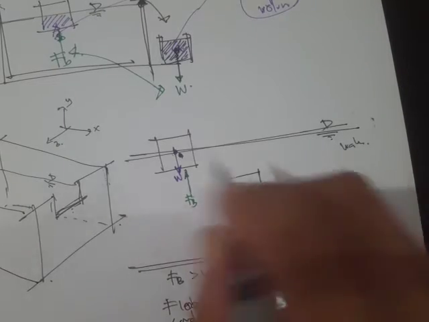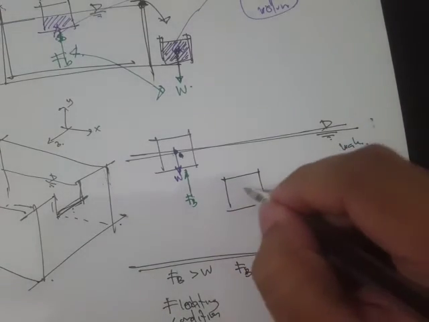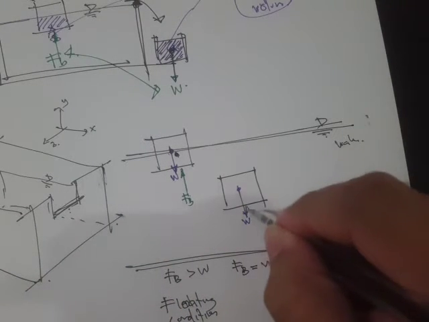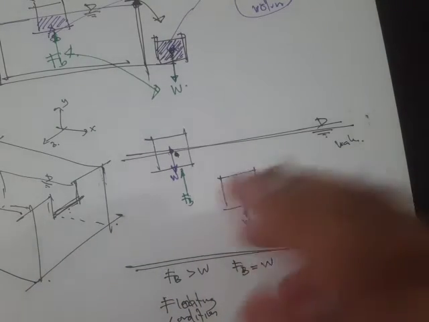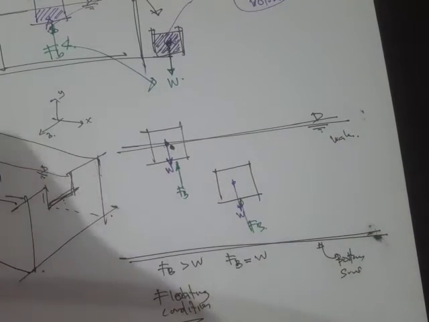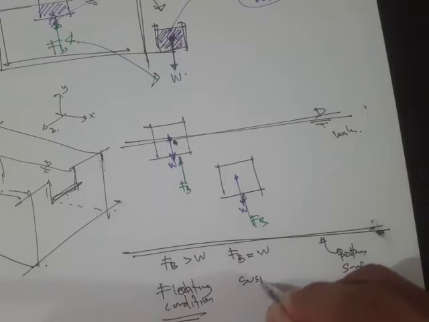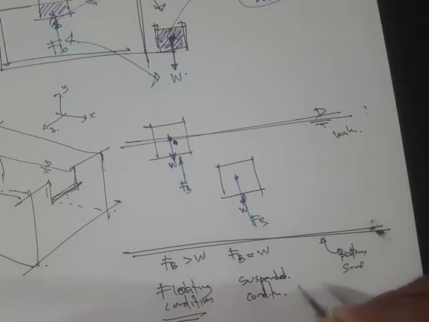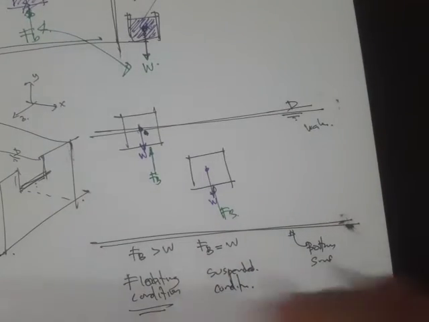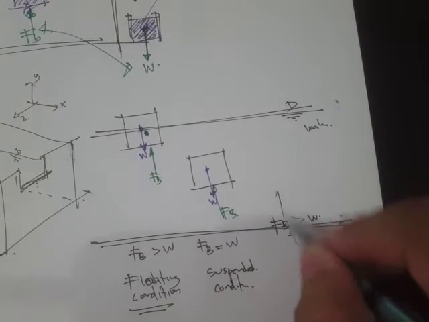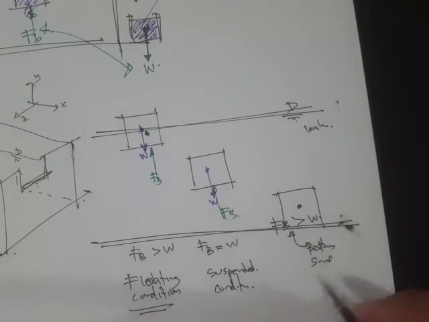Then we'll have a drawing like this. This is our weight, this is our buoyant force, and if they're just equal, we have what's called a suspended condition. And if the weight is greater than the buoyant force, then we'll have a sinking condition.